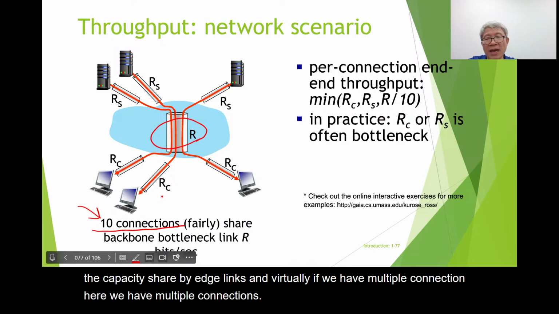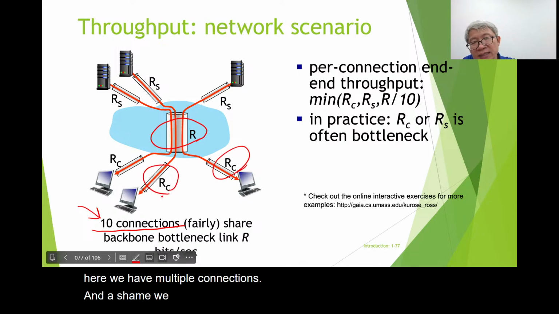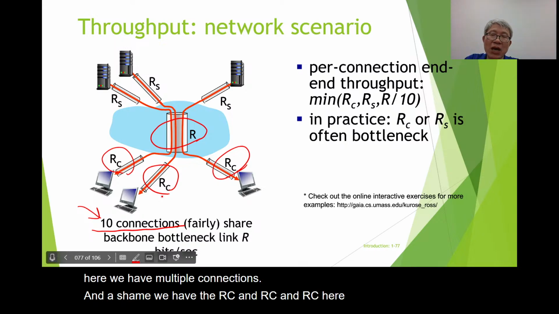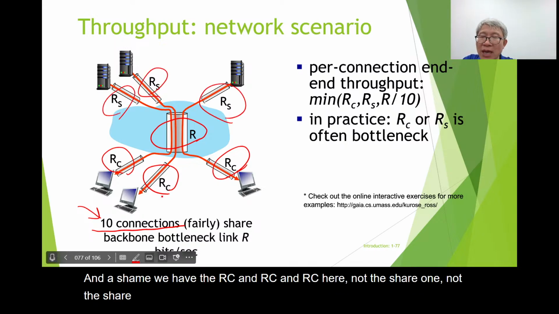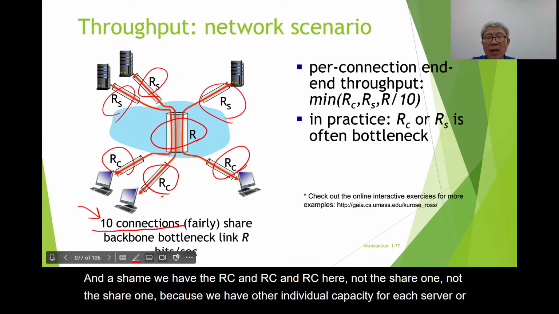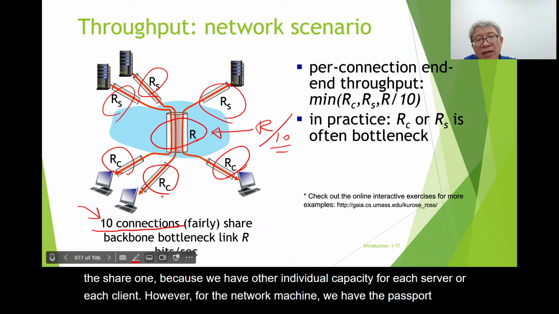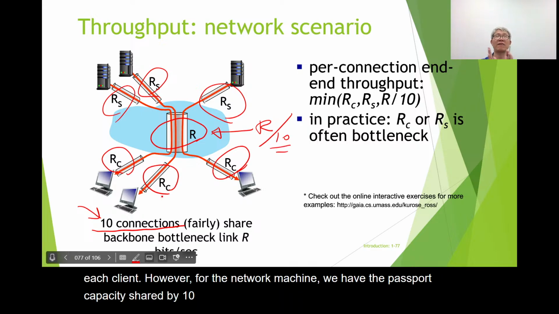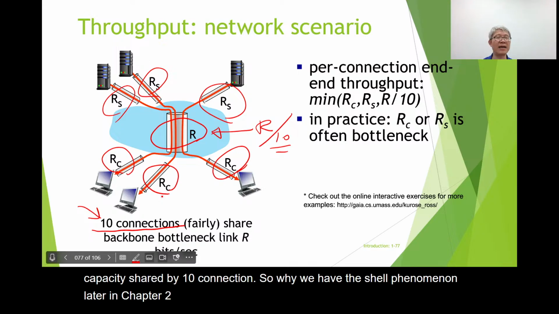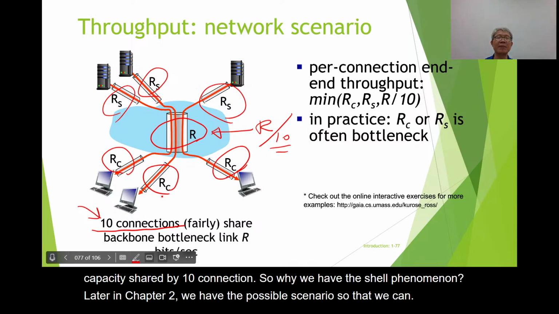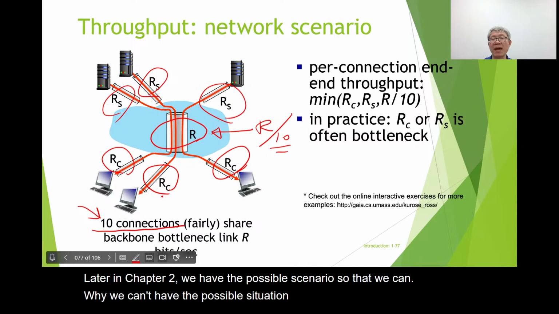Assume we have R sub C and R sub C and R sub C here, not shared, because we have individual capacity for each server or each client. However, for the network, assume we have a capacity shared by 10 connections. So why do we have the sharing phenomenon? Later in chapter 2, we will see the scenario that explains why we can share the bandwidth.